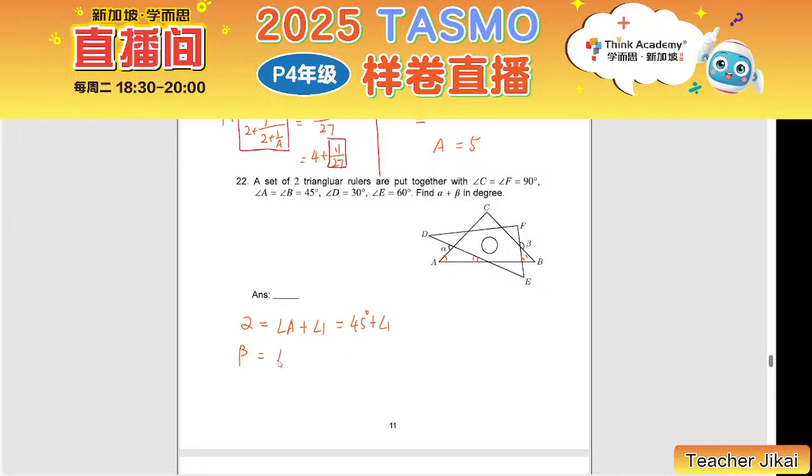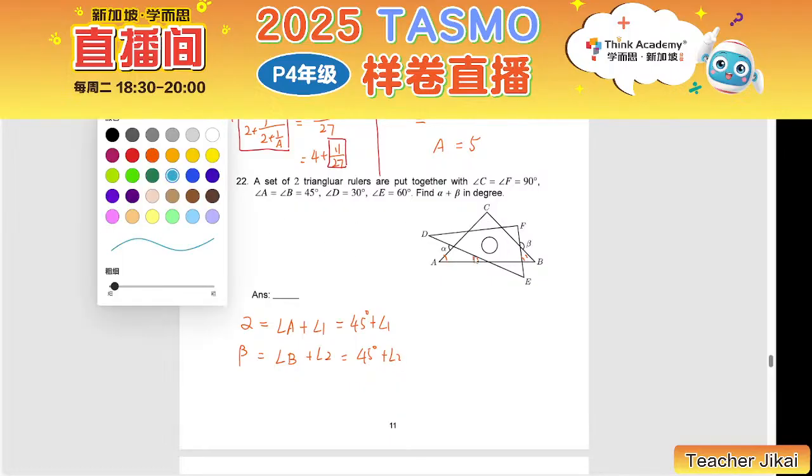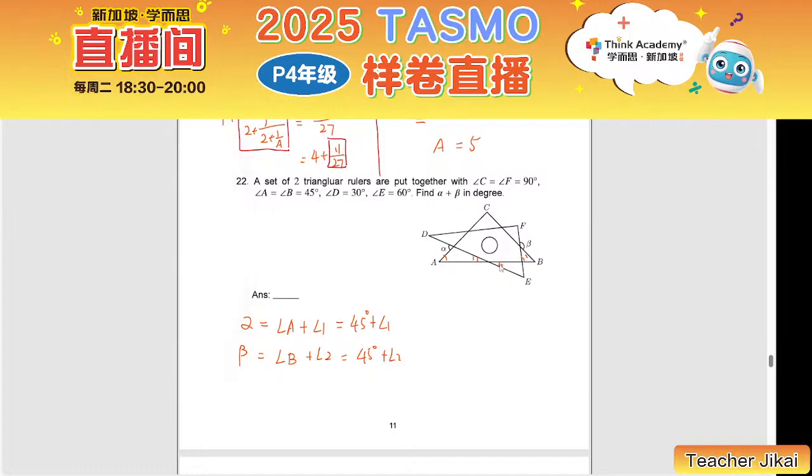So this is angle B plus angle 2. Angle B, we also know it is 45 degrees. And then we can make use of the cross angles, right? They are the cross angles. So angle 1 will equal to this one, angle 1. But this one is also angle 1, and this one also angle 2.